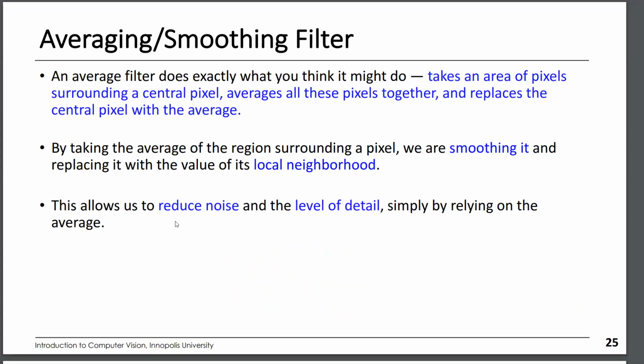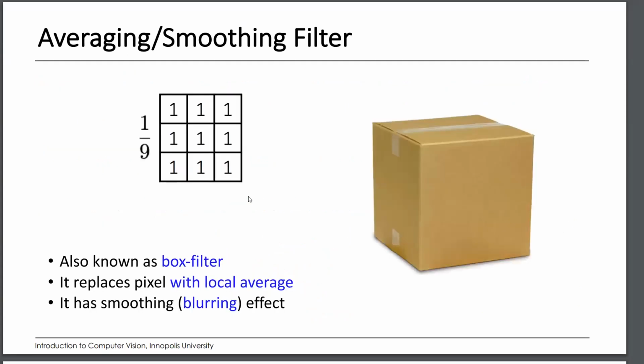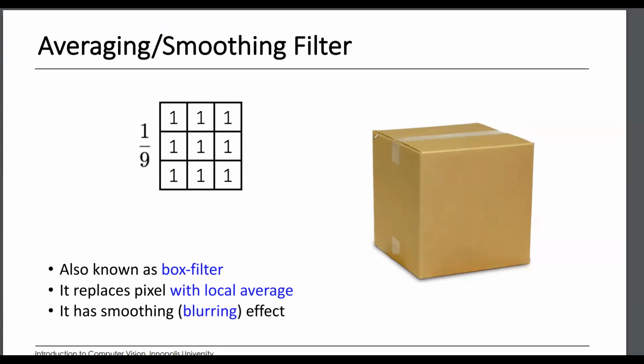What this allows us to do is reduce the noise and the level of detail simply by relying on the average of the area. Other terms used for it is box filter, and it replaces a pixel with its local average. So it has a smoothing and blurring effect. Let's say we are speaking about this edge.